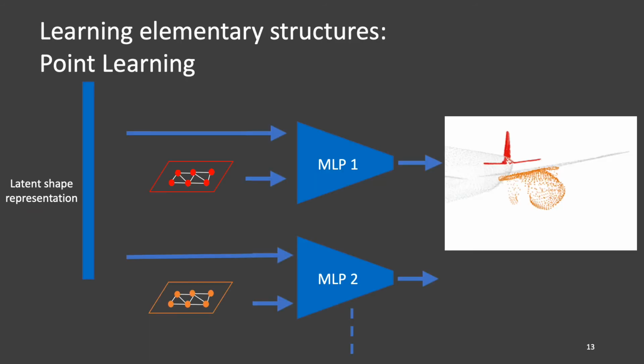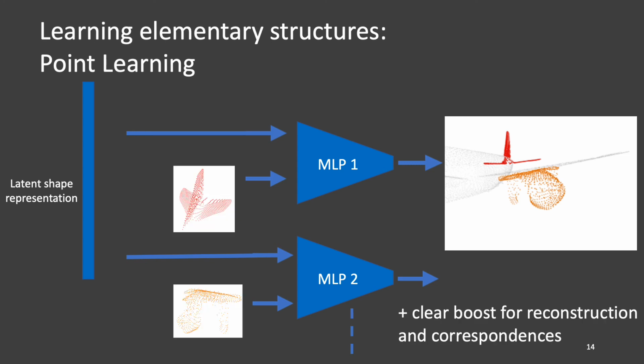To learn these optimal elementary structures, similarly to what we did before, we start from handcrafted templates as initialization, planar patches here. But this time, we make the points of the template learnable parameters of the model. And during training, we backpropagate gradients all the way to the spatial position of those template points. So after training, the templates have been specialized in order to best reconstruct the training data.